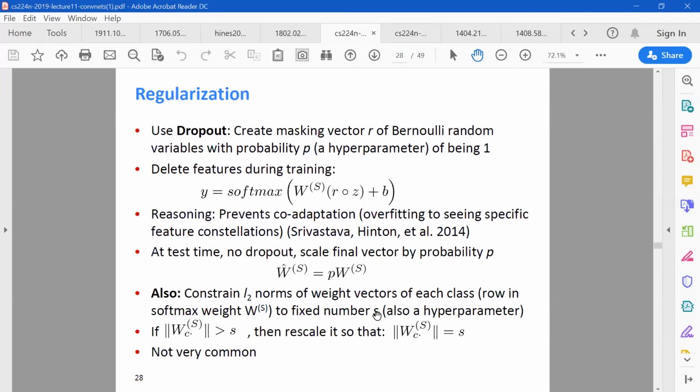So I think if any weight vector had larger values, he did some kind of truncation or rescaling. I see. He rescaled the weight vector so that it doesn't go any larger than S, where S is some hyperparameter that has to be chosen again. Not very common. I guess this is something that he used in this paper, but this is the Yoon Kim paper that hasn't been used very commonly.